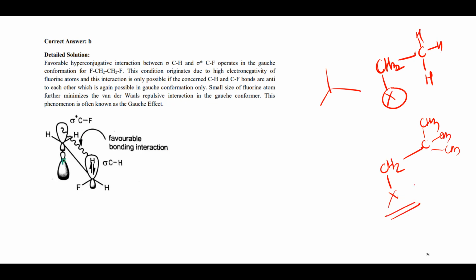So this structure is more stable as compared to this A structure. This is because this structure doesn't have the hyperconjugation effect to stabilize this bond. If this X tries to pull the electron density from this CX bond, the hydrogen present in this molecule is stabilized by the hyperconjugation effect.